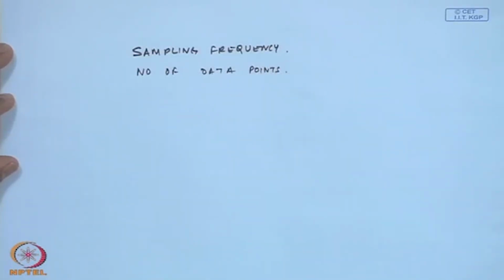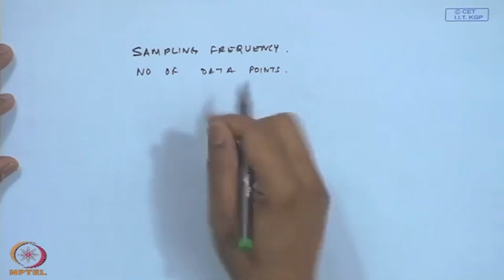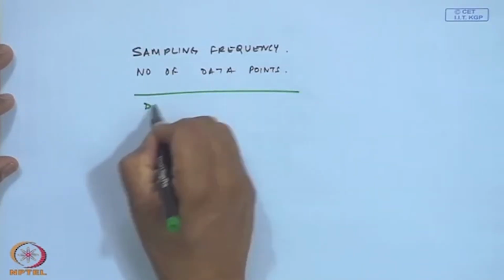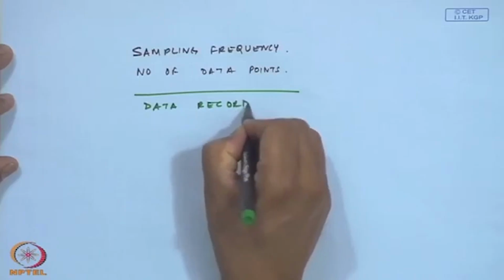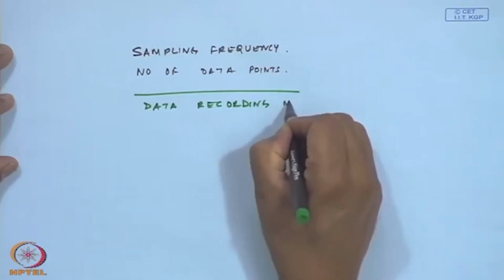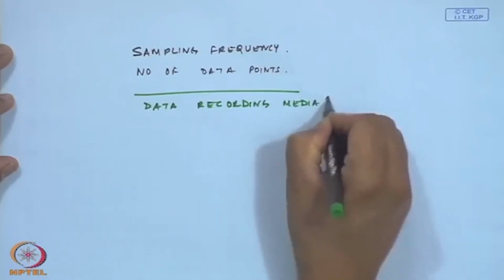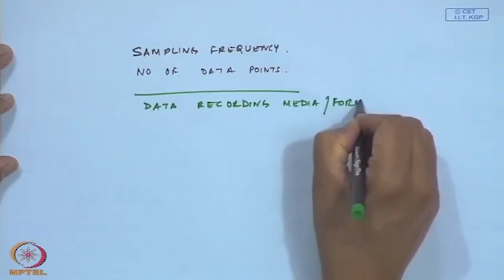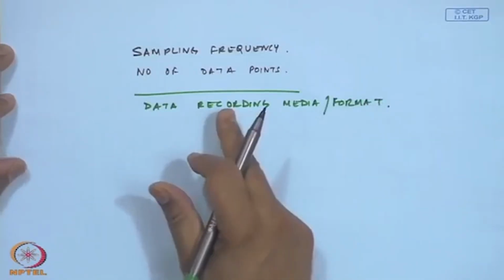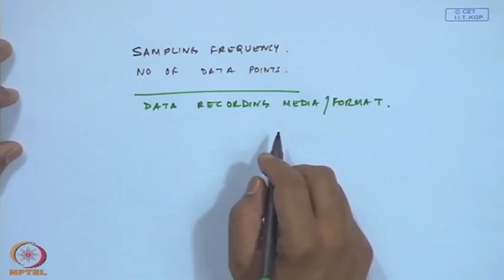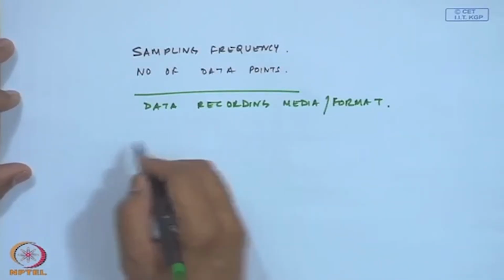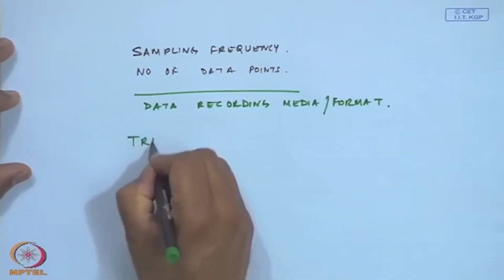This plays an important role in the selection of the data recording media or format. Well, before we come to this idea, I would like to tell you something about the traditional techniques of data recording.